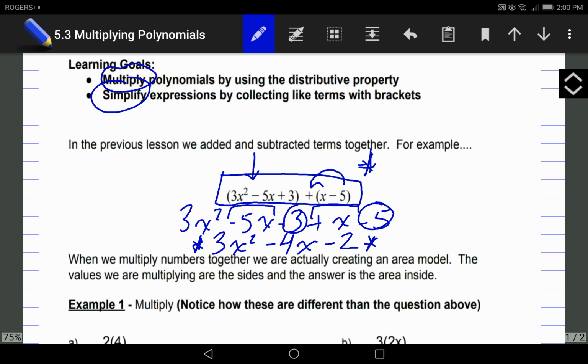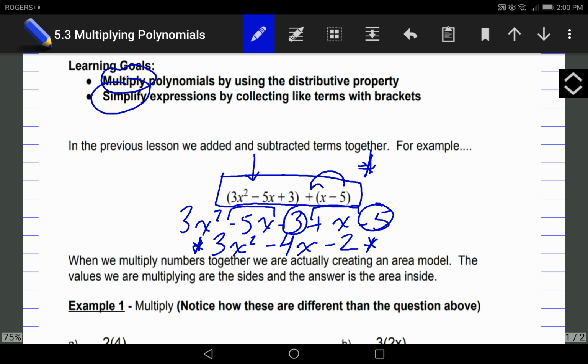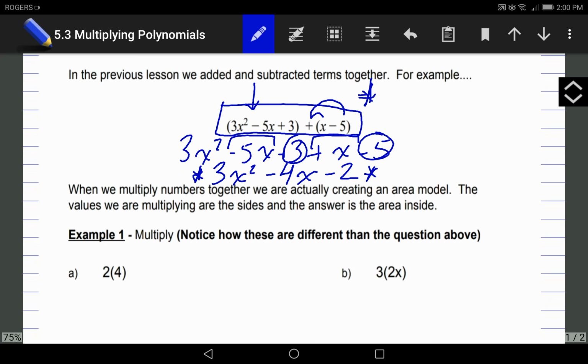Well, in today's lesson, we are no longer going to have a plus or minus sign like we have here in between two sets of brackets. Because in the previous lessons, we were adding and subtracting expressions. Now we're going to be multiplying. So you're going to see no sign there. You're going to just see brackets, like an expression and then brackets, which means multiplication.